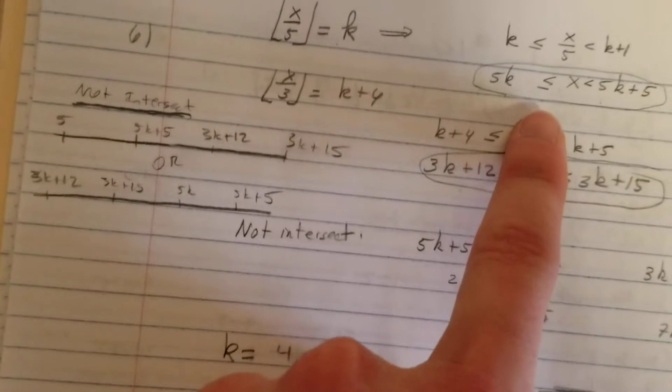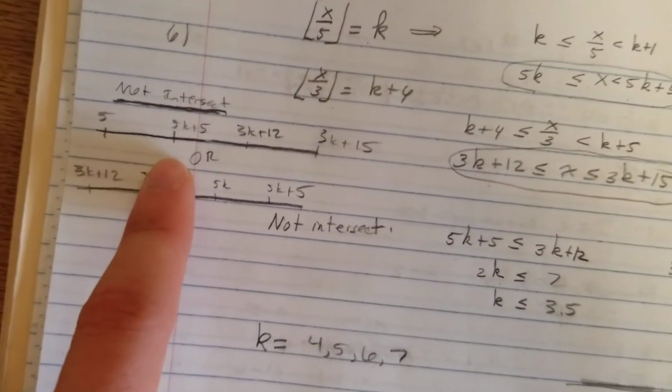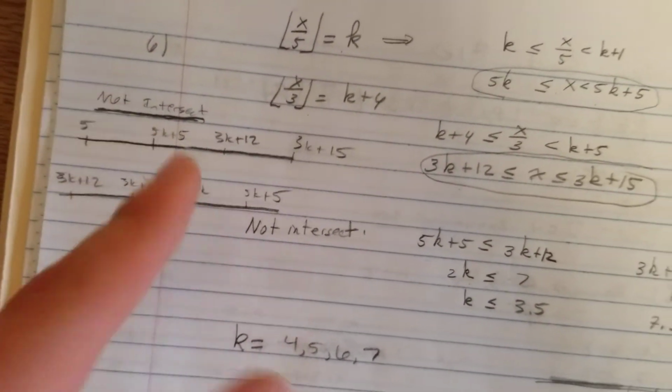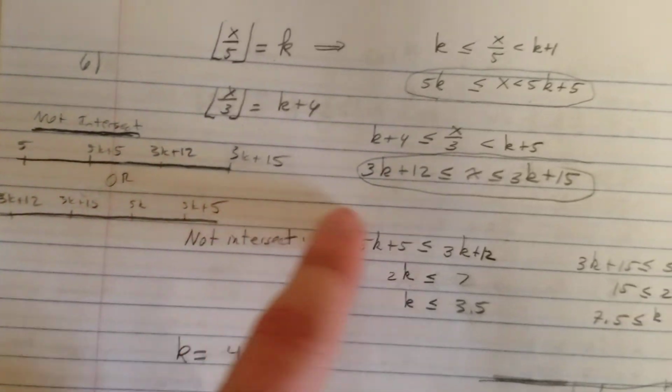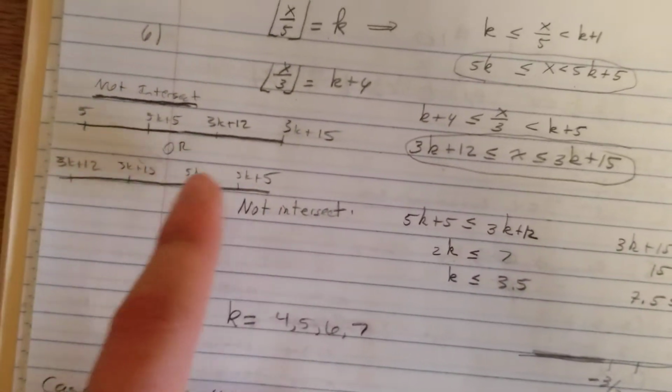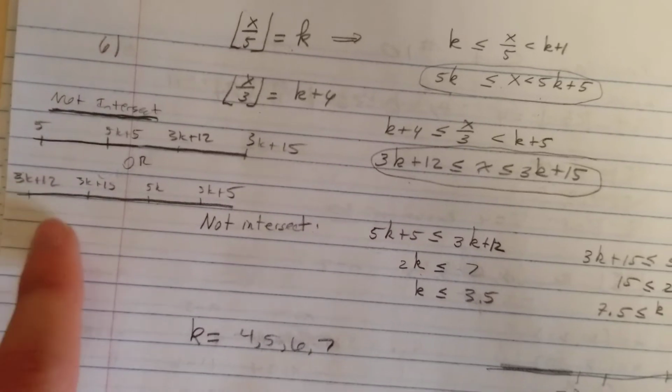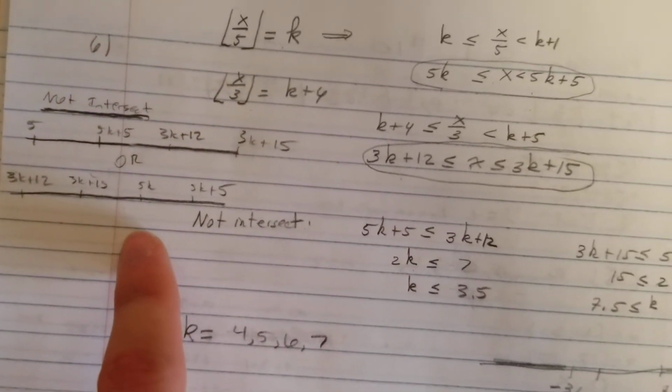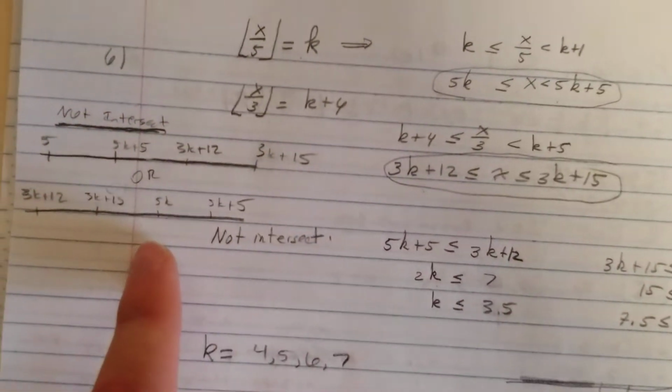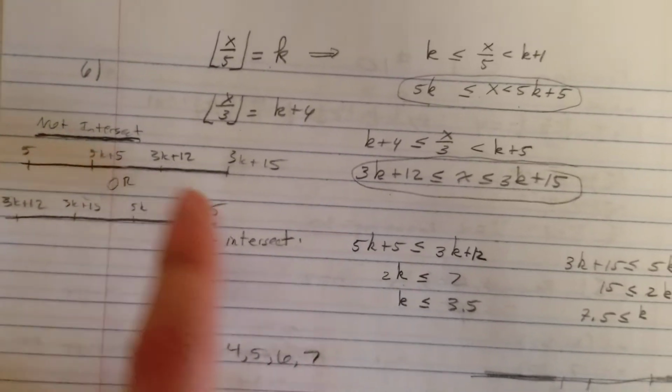So that means when this interval, 5k to 5k plus 5, is before 3k plus 12 to 3k plus 15, or vice versa, when this comes first on the number line. These are the two cases in which they do not intersect.